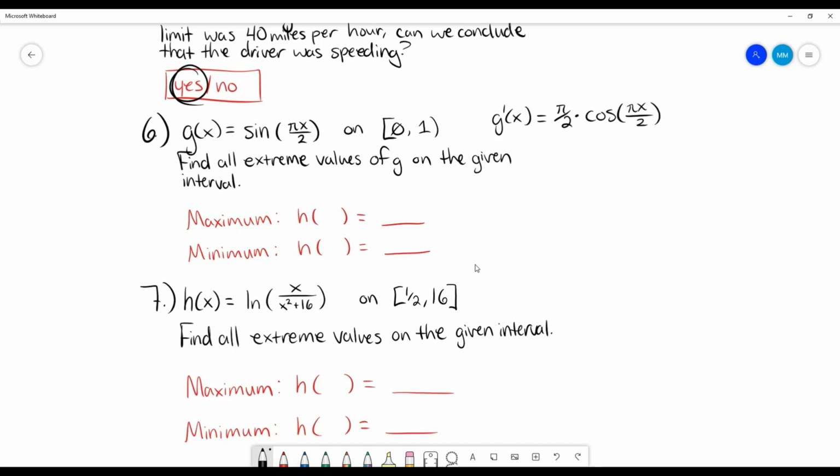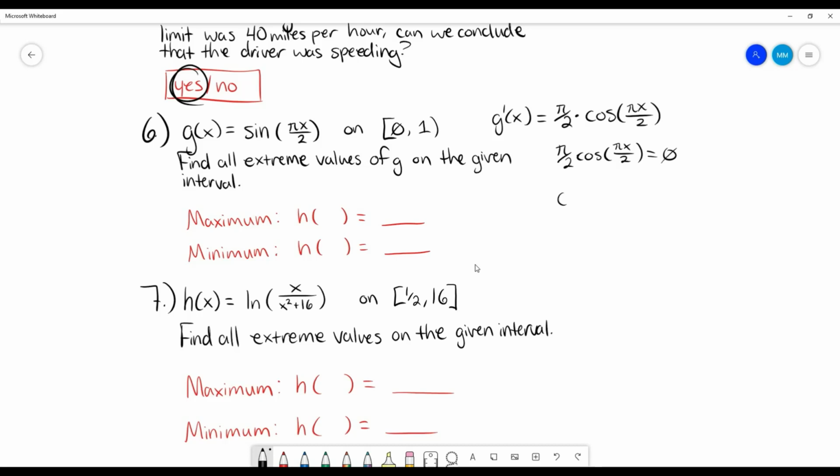And now I set that equal to 0 and find my critical points and then check if any of them are on the given interval. So if I set this equal to 0, this will be 0 whenever cosine of this equals 0.